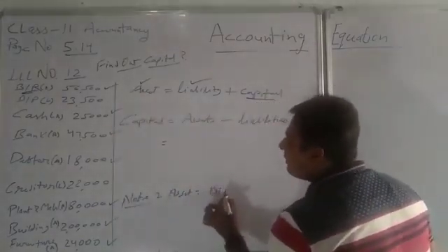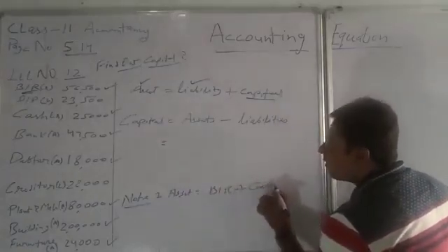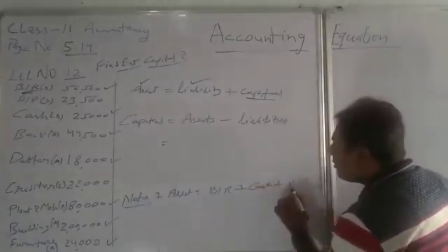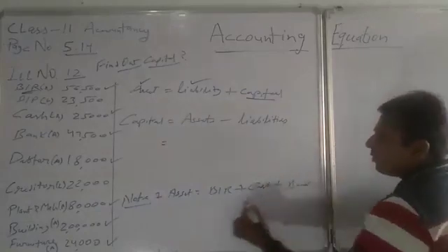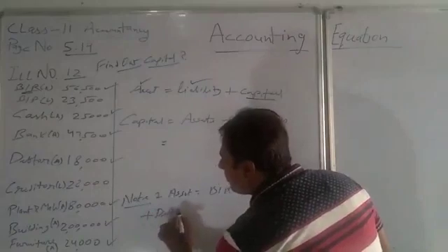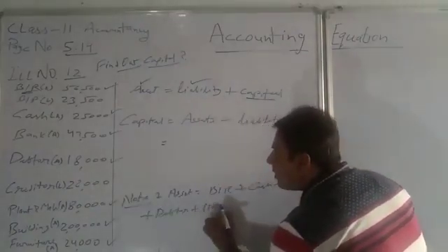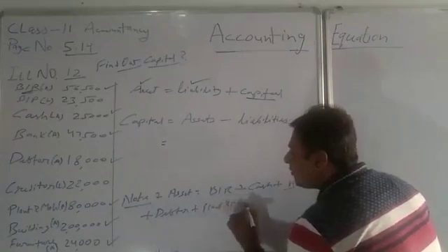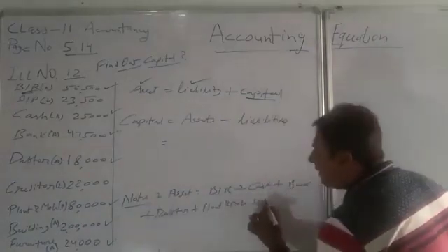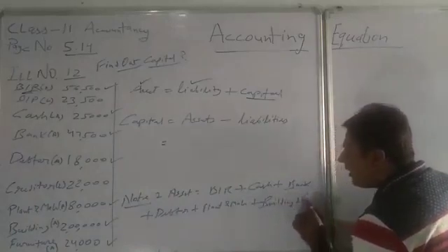How much assets do I have? Bill receivables, cash, bank, then debtor, then plant and machinery, then building, then furniture.